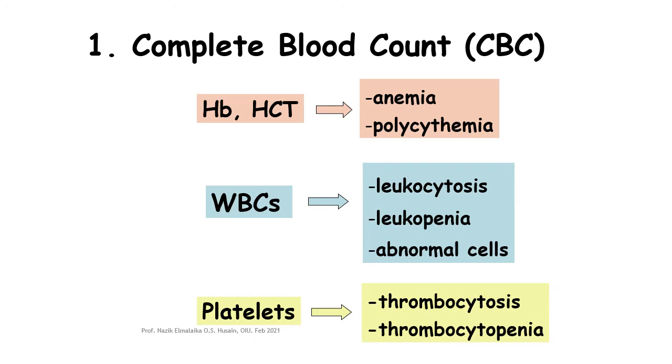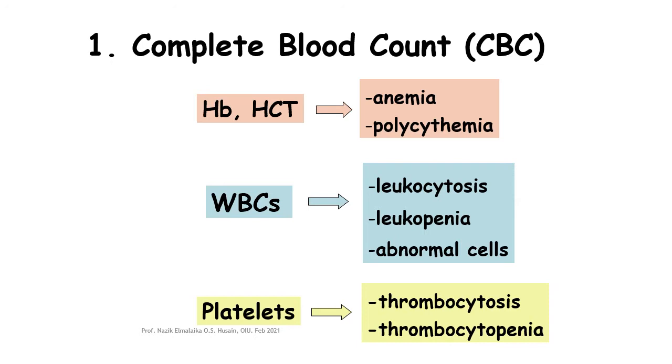an infectious agent like Epstein-Barr virus, which causes atypical lymphocytes. The white blood count also shows the abnormal or neoplastic cells, which is called leukemia.